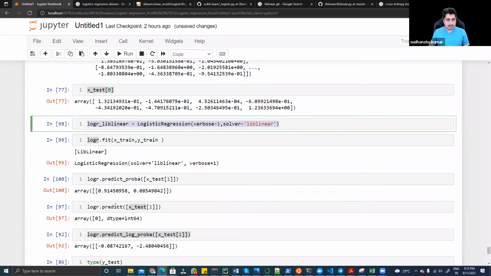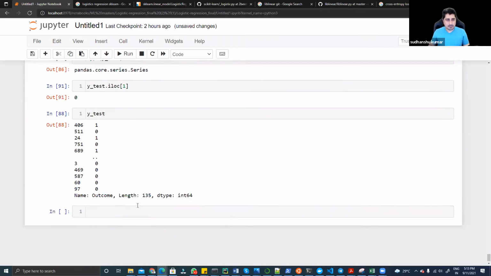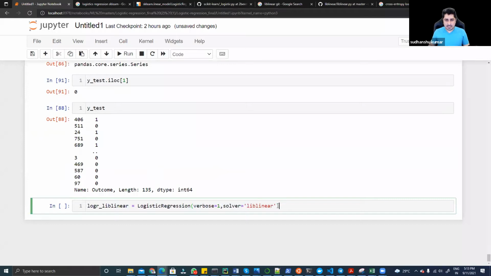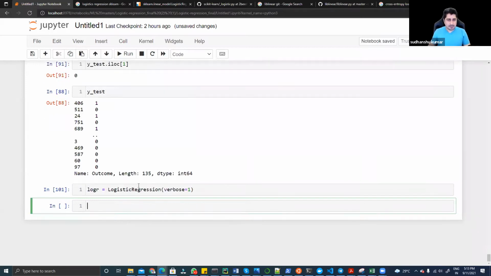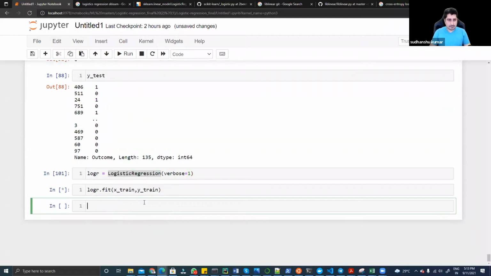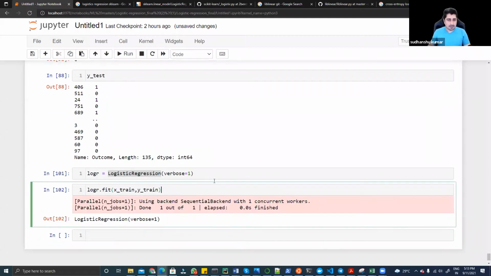And another I can build over here, which is the default one, LBFGS. So I can build in both places. I'm just doing verbose and logistic regression dot fit with x_train and y_train. So this is the model.